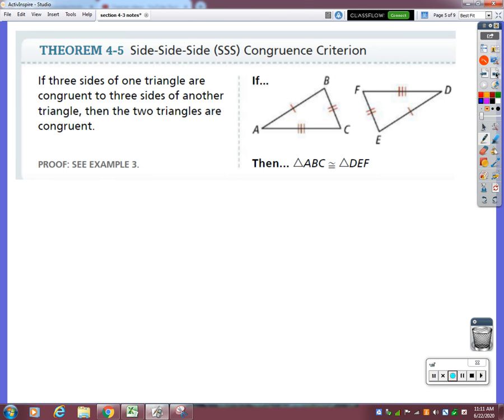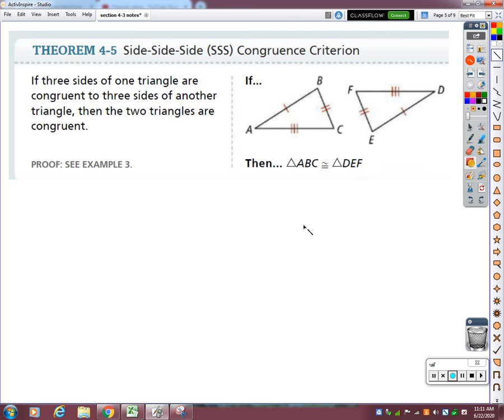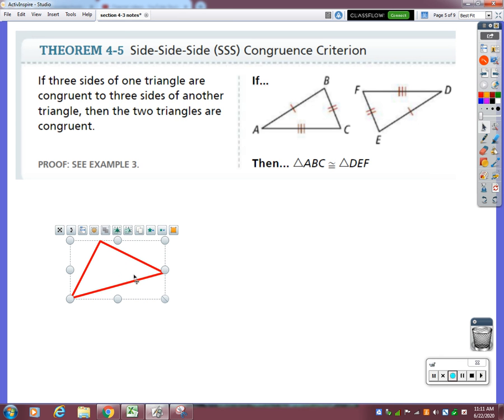Okay, another one that we can use to show that triangles are congruent is side, side, side. If all three sides are congruent, then that means that all of the angles are congruent. That may seem so obvious it's not worth stating, but notice that the same is not true for angle, angle, angle.